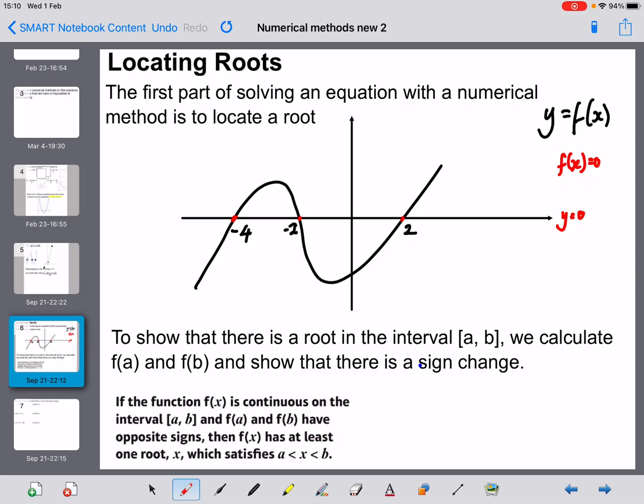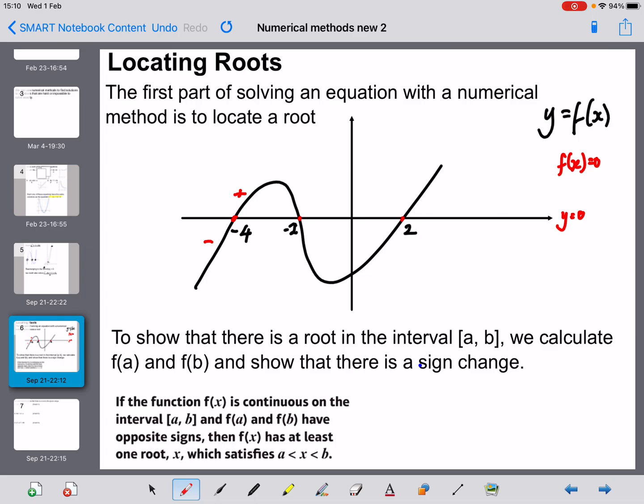So if I consider the root at minus 4, y values just to the left of minus 4, where x is smaller than minus 4, the y values down here are positive. Just to the right of minus 4, where x is slightly bigger than minus 4, the y values are positive.